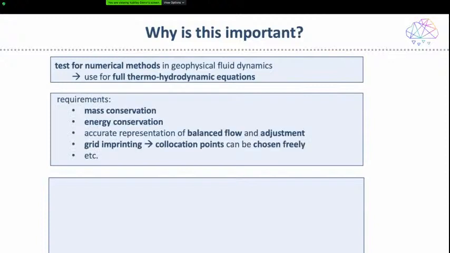However, there are also requirements that need to be met in order to make this possible. The first examples are physical conservation of quantities such as mass and energy, which is not implied by physics-informed neural networks implicitly. And also representation of, for example, balance flow or other dynamics adjustment to balance flow, and also problems like grid imprinting.